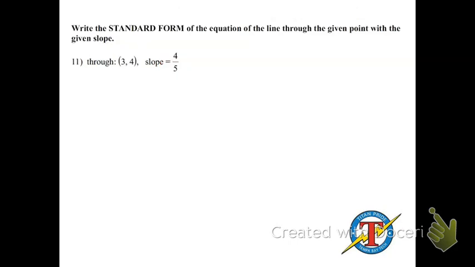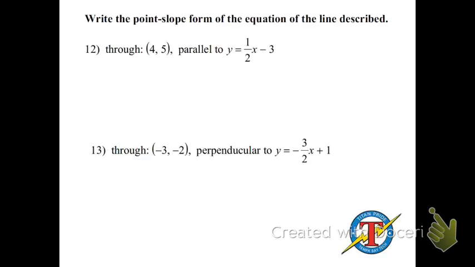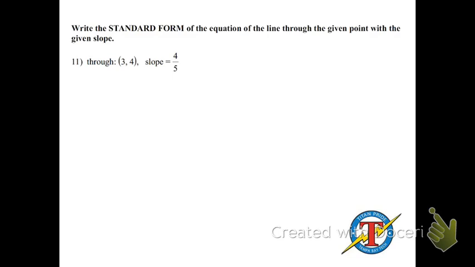Okay, now some algebra. If they do ask you to write it in a different form, or you find that the form you had, which was point slope form, we always start with point slope form, always.